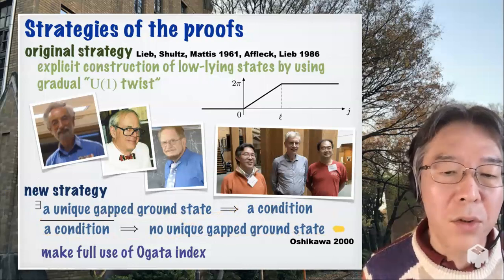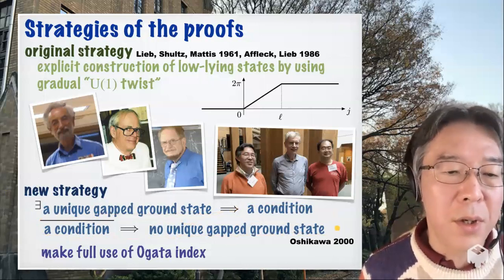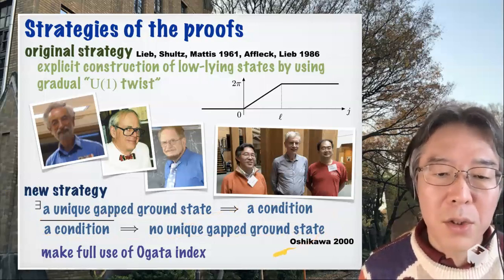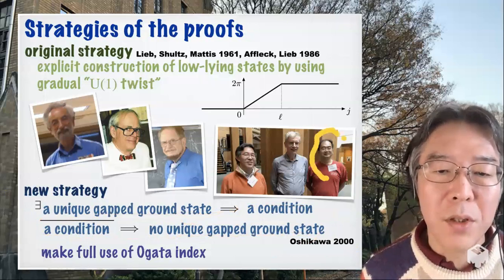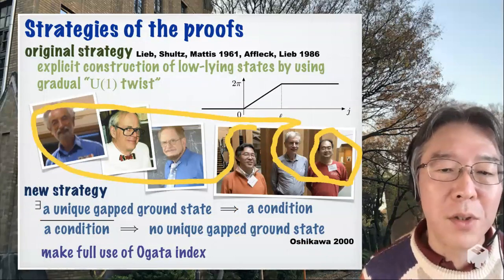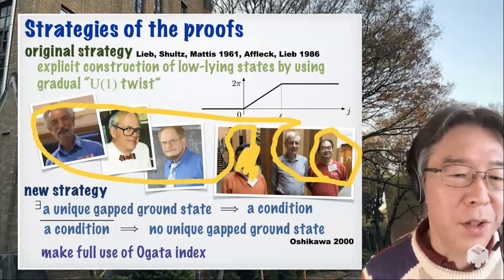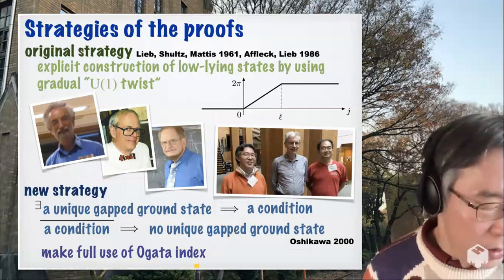So this is a no-go theorem. As far as we know, this new strategy was introduced back in 2000 by Masaki Yoshida. Masaki is here. So everybody has an essential contribution in this business except for this guy. Okay, we of course make full use of the Ogata index.